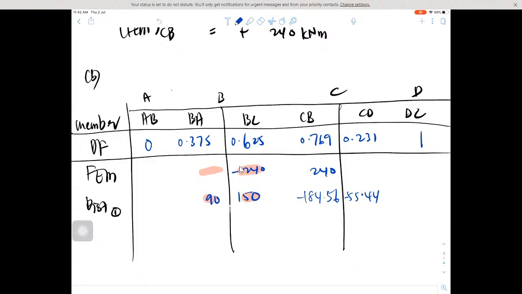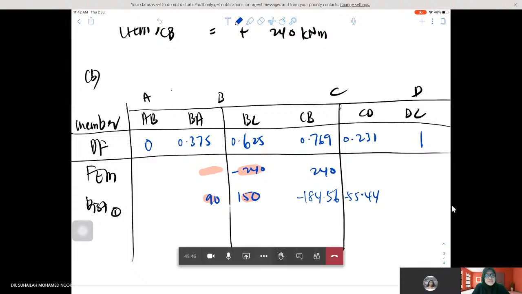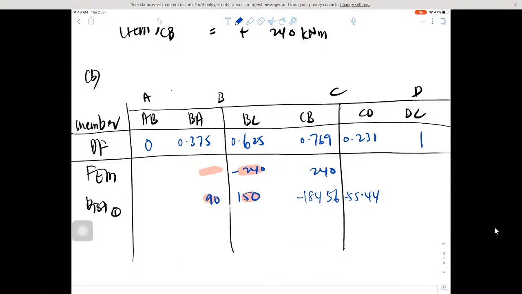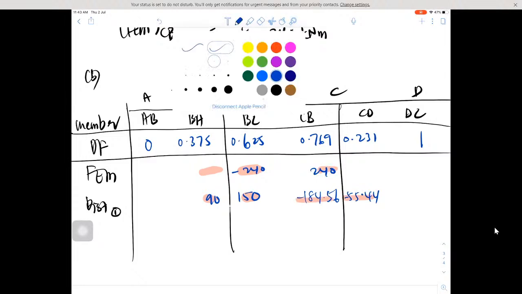Negative 240 times 0.769, we get negative 184.56, and 0.231 times negative 240 is 55.44, and the total must be 0.